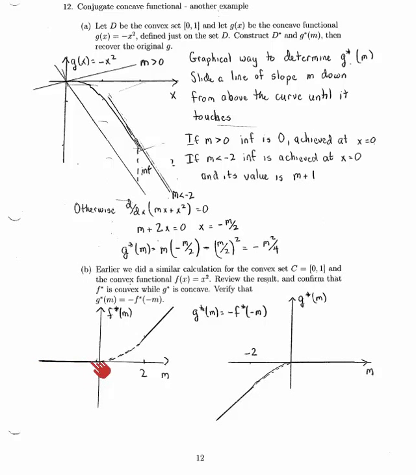It is a constant 0 for negative m, then a parabola, and then the straight line m minus 1. And if you compare these two functions, you again see you can convert this graph into that one by rotating through 180 degrees, or again, g star of m equals minus f star of minus m.